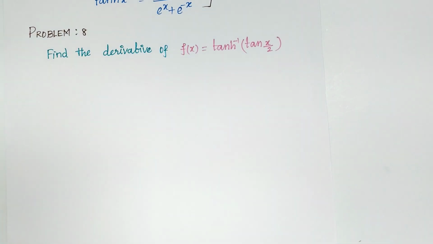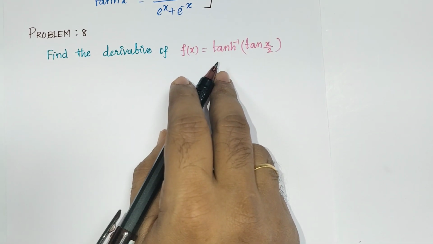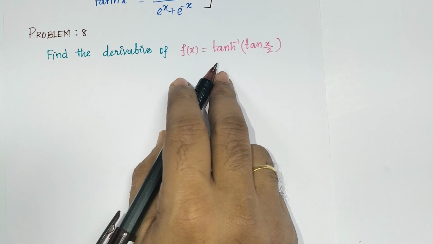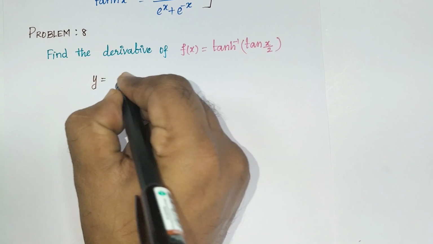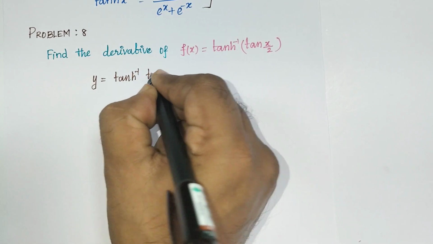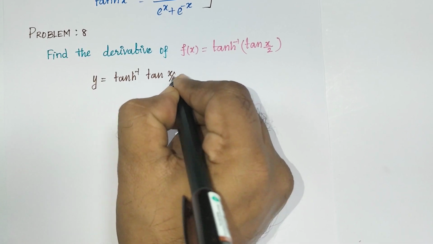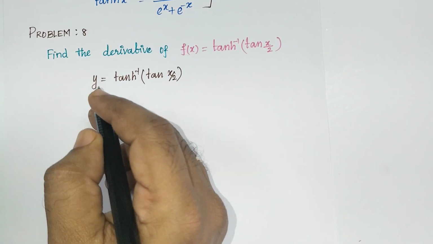The 8th problem is find the derivative of f of x equal to tanh inverse of tan x by 2. Okay, so this f of x I will write y. y is equal to tanh inverse of tan x by 2. Right? This tanh inverse I am shifting to the left hand side.